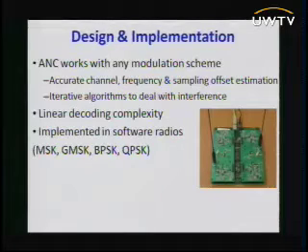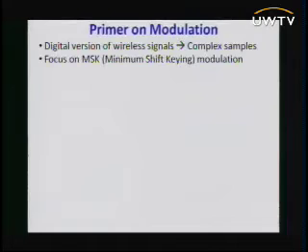But today, for pedagogical reasons, I'm going to describe it in terms of MSK and assume that the frequency and sampling offsets have already been estimated and applied to the known signal. But if anyone's interested, I'm happy to talk about these components offline. So before I go to the decoding algorithm, let's get a quick primer on modulation and demodulation of wireless signals.